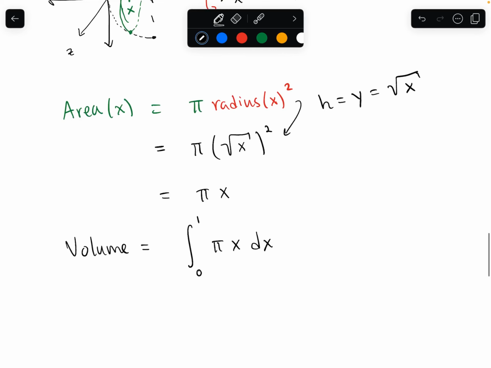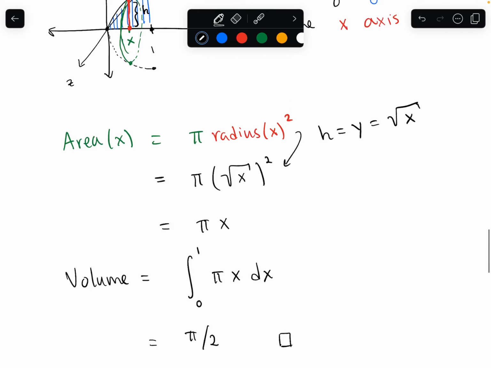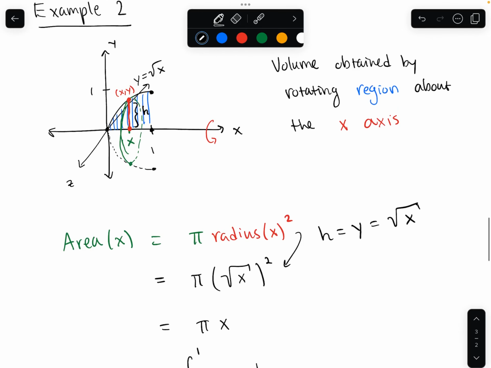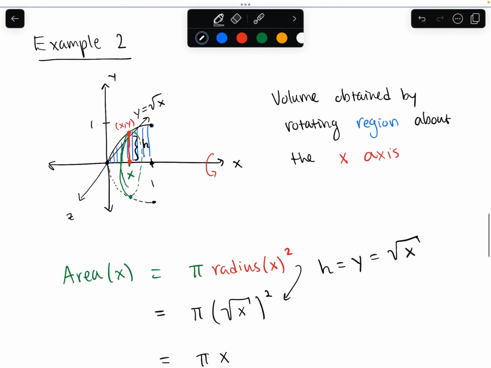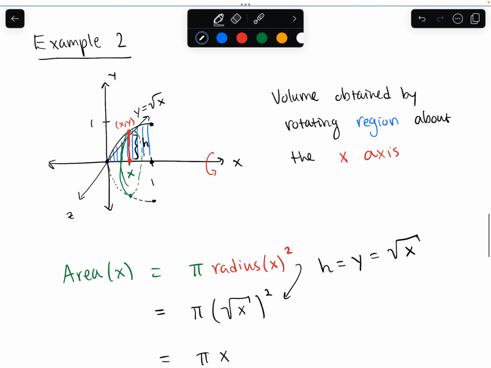So when we do that, we can just compute the integral. It's just pi over 2. So that's how we obtain this volume from what's called a surface of revolution. It's where you take a surface, an area region, and you rotate it about something. That's how you get that. So that's the easy way we compute that.